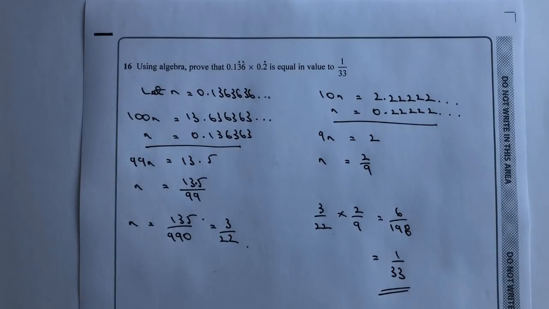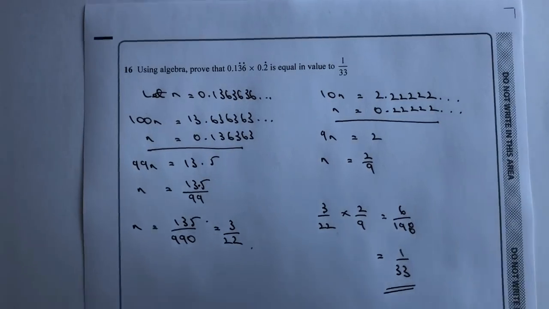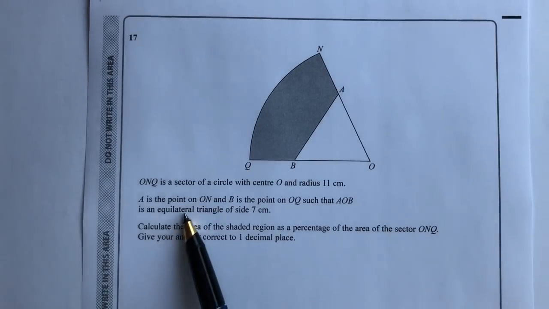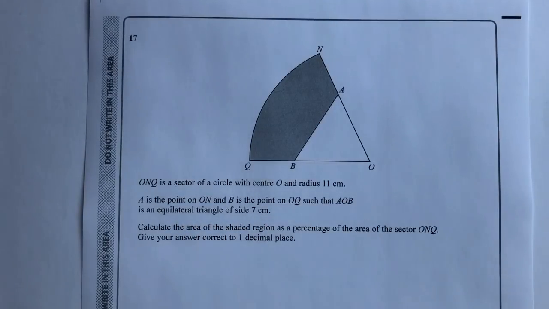Let's move on then to question number 17, and question number 17 deals with a sector of a circle. Okay, now there's a little bit of work to do on this particular one, but what we're saying is that we have a circle where we've got, in this particular case, and it's very important, this equilateral triangle of side 7.